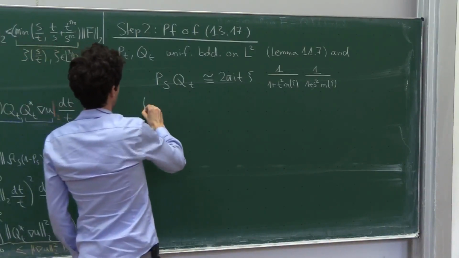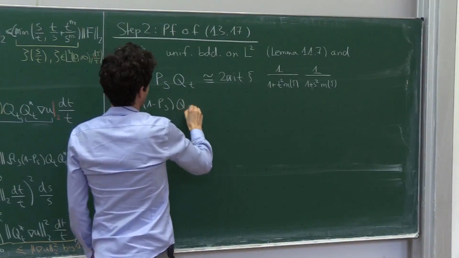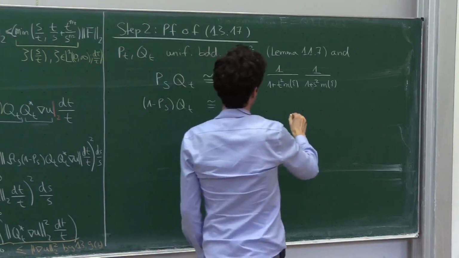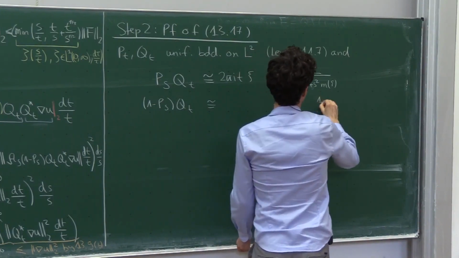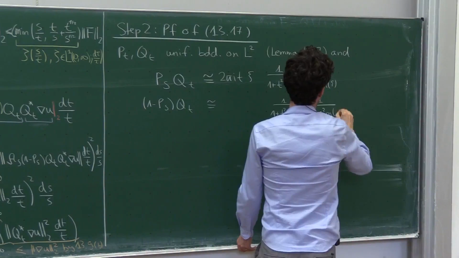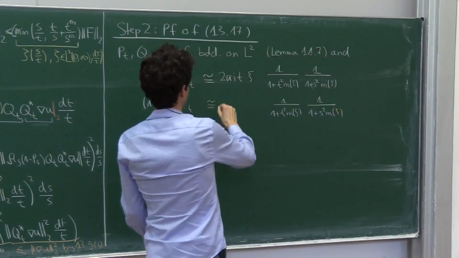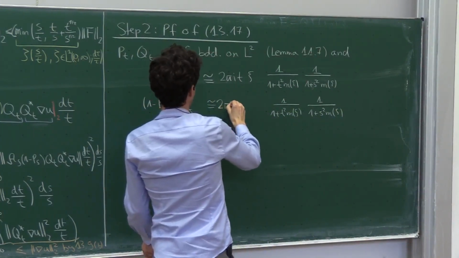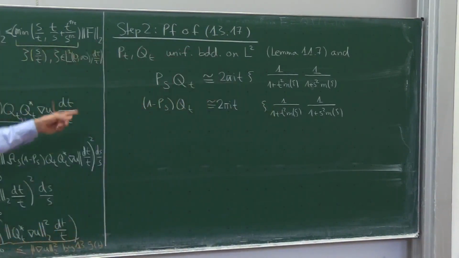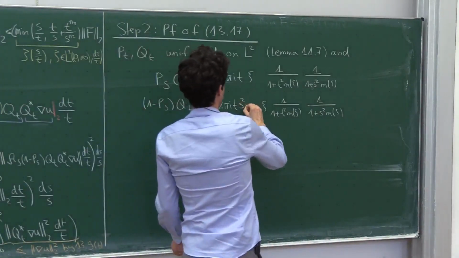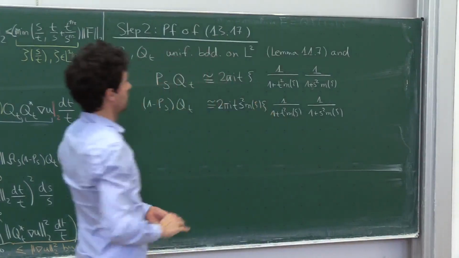And likewise, if I do 1 minus P_s Q_t, then I'm going to find two resolvents again. So I just copy them for you. Okay, and then I'm going to find 2 pi i t, the xi coming from the gradient, and then from the 1 minus resolvent P_s you do the usual manipulation, and you see that there's going to be an s squared m of xi in the game.